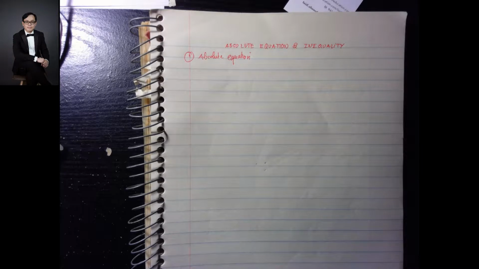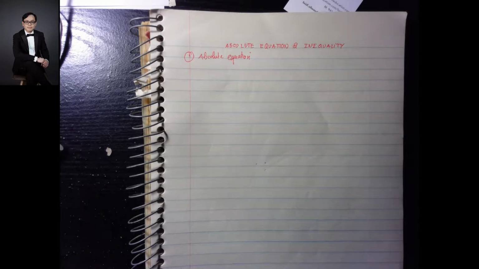So what is meant by absolute equation? What is absolute equation? How is that related to absolute value? Absolute equation basically is just an equation that has the absolute bar. It means it has an absolute function in there.